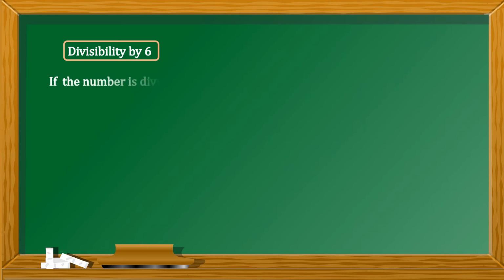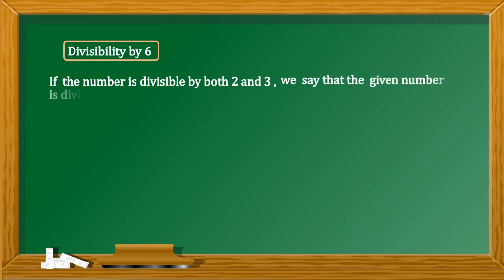The rule to test the divisibility by 6. If the number is divisible by both 2 and 3, then we say that the given number is divisible by 6. For example, 2514. Is it divisible by 2? The last digit of the number is 4, which means that the number is even. So yes, the number is divisible by 2.